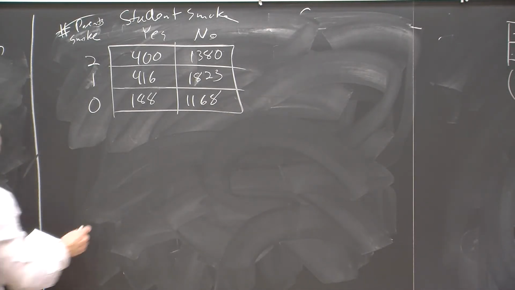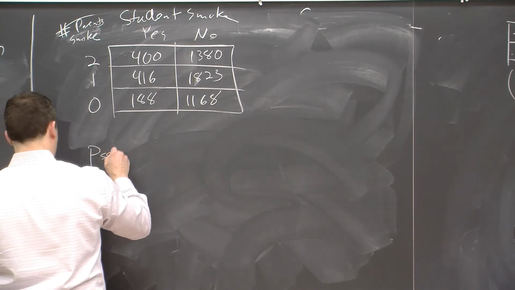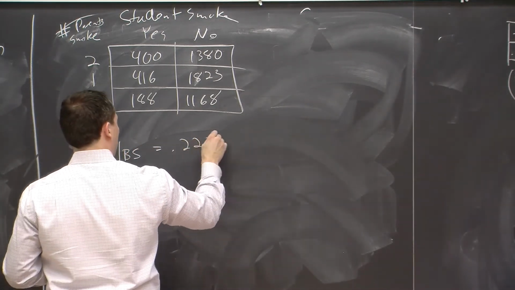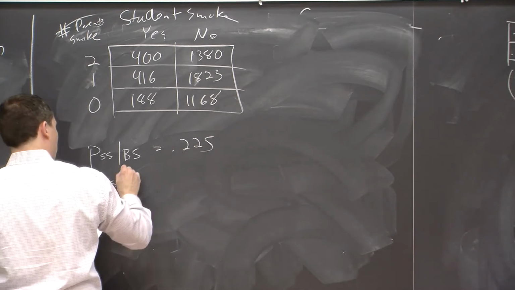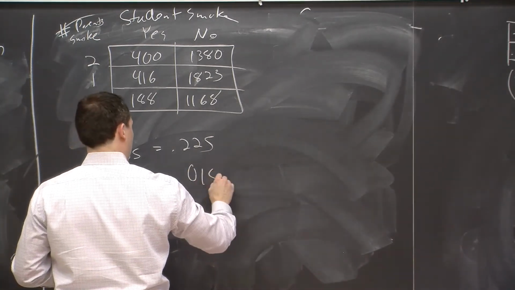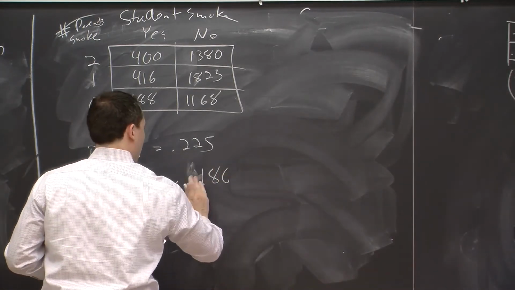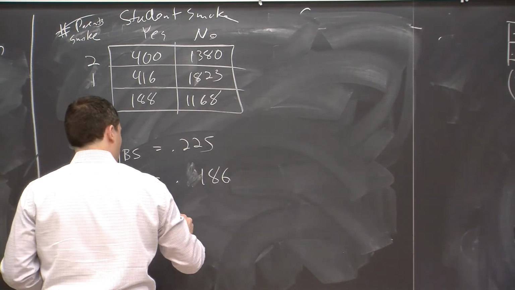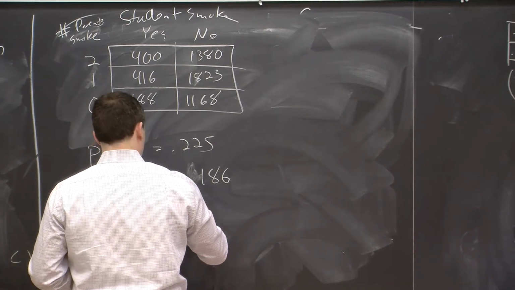And we have estimates: probability student smokes given that both parents smoke is 0.225. Probability student smokes given that one smokes is 0.186. And probability student smokes given neither smokes is 0.139.